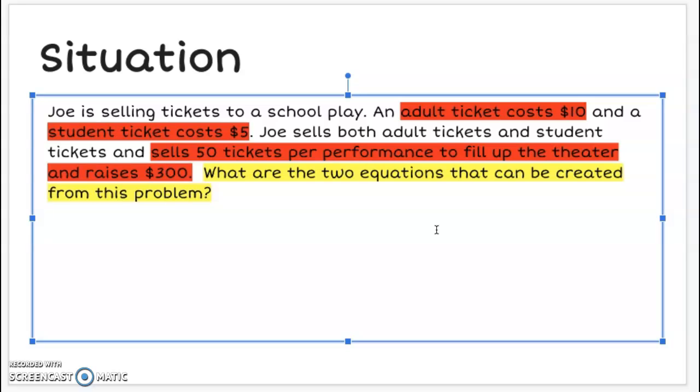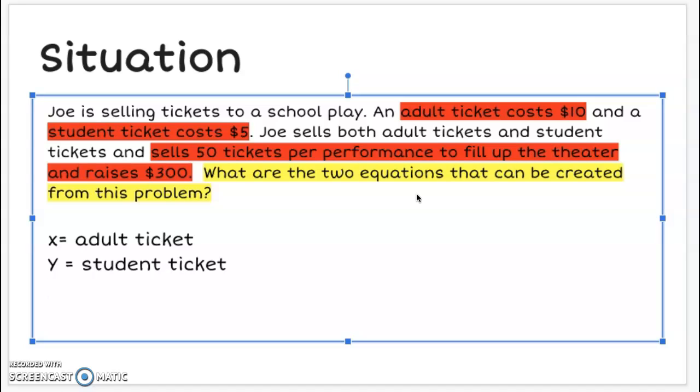So, an adult ticket costs $10 and a student ticket costs $5. I'm going to make x equal adult tickets, and student tickets are going to be y. Okay, so that'll make it easy on me.